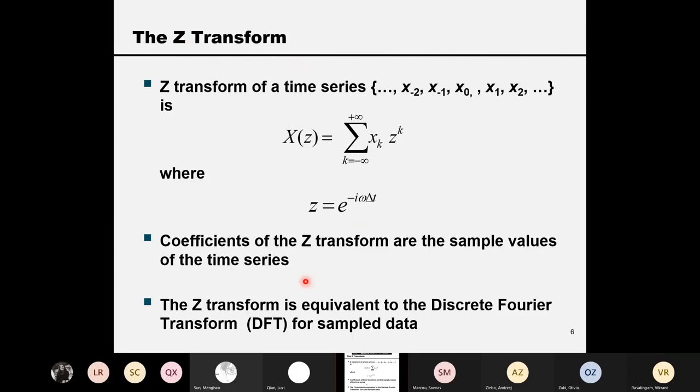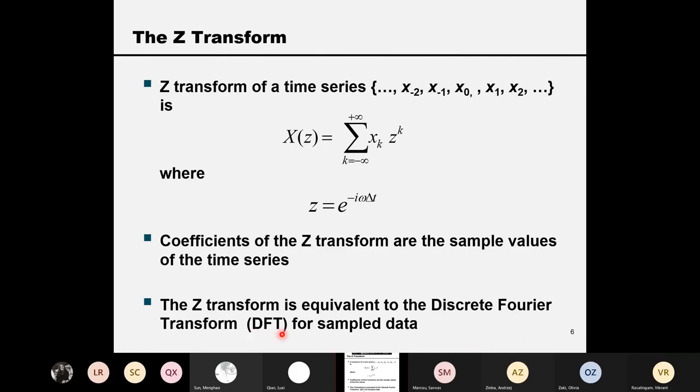When we introduced that transform, we realized the coefficients of that transform are the sample values of a time series. That's what we just said. And the important thing is, if we use this operator, the unit time delay operator, to replace the Z in the polynomial, we end up with the so-called discrete Fourier transform, DFT.